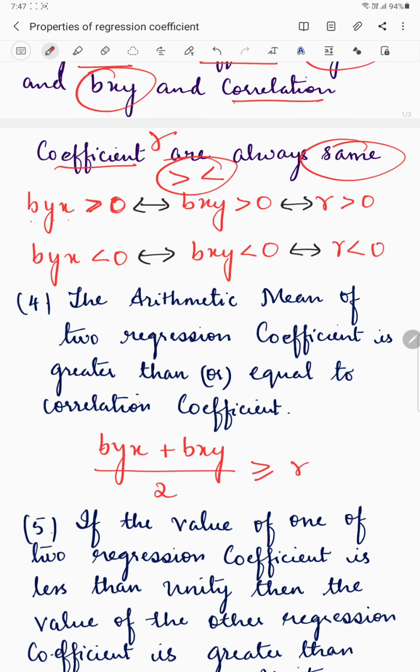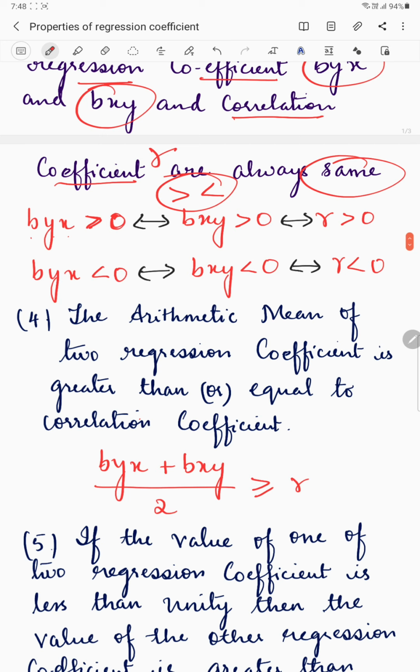Greater than 0 means what? All positive values. That means if byx is greater than 0, bxy also will be greater than 0, and the correlation coefficient r also is greater than 0.